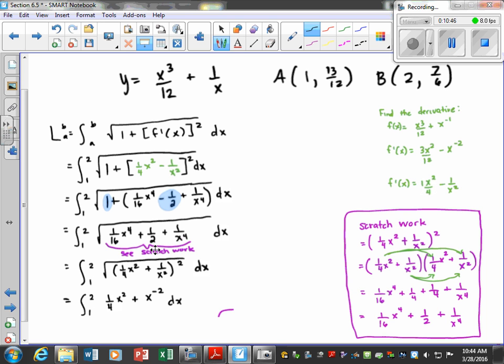Now this factors back, okay? You can see where this part factors: 1/4 x squared plus 1 over x squared, squared, is equal to this value. Well, this is exactly what we have here. So factored form would be back to this. What happens when you square root a square term? You're just left with that term.